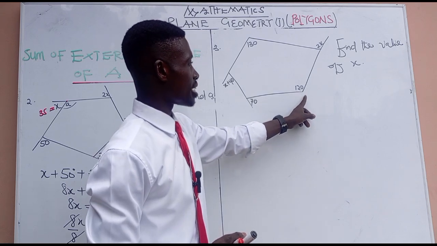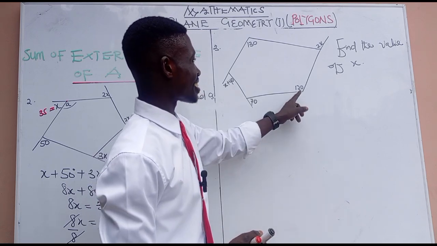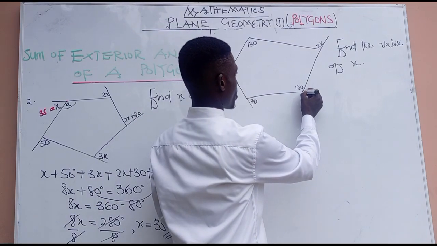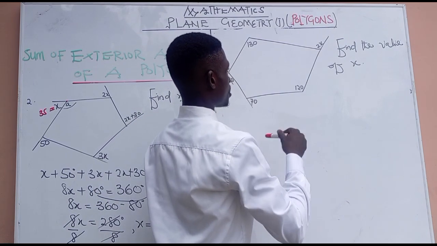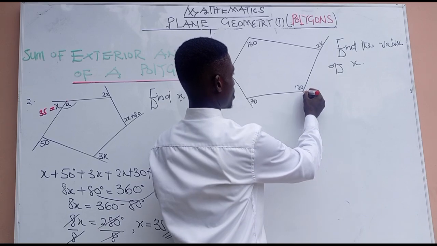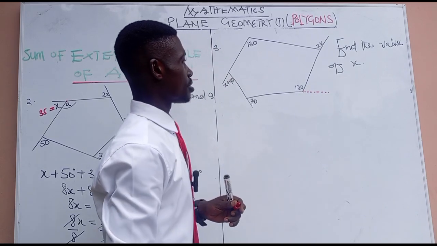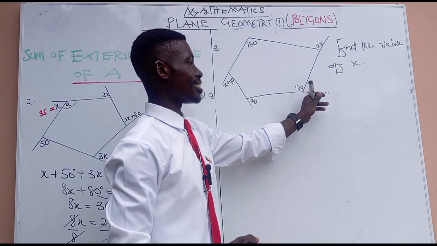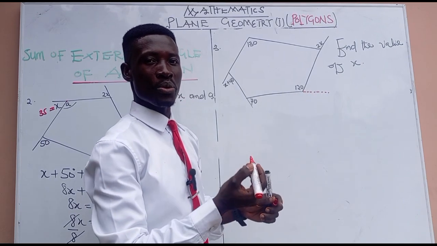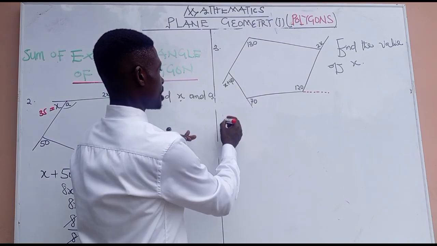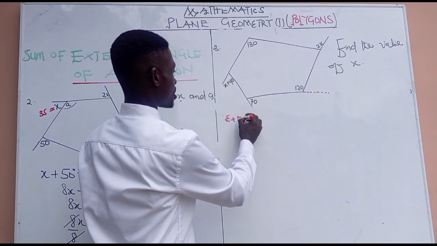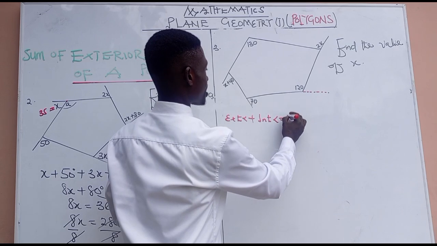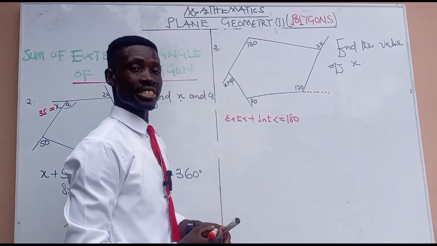So before we can find the exterior angle here, let's extend this very line. So we have extended this very line. We have to find this exterior angle. And we know that exterior angle plus its corresponding interior angle gives us what? 180 degrees.